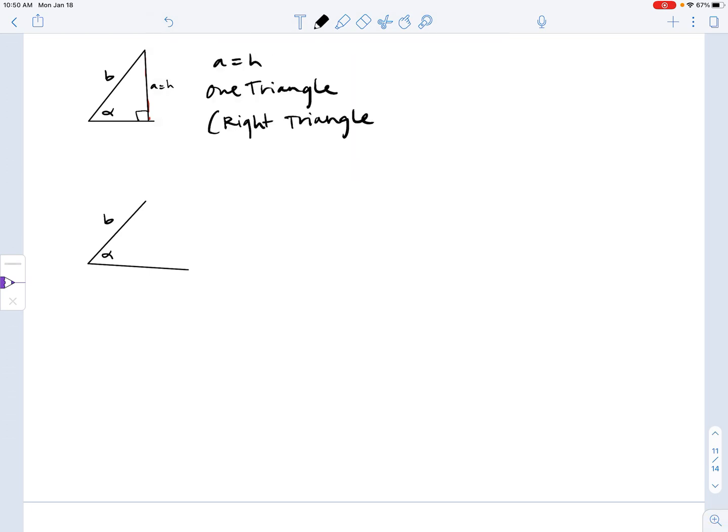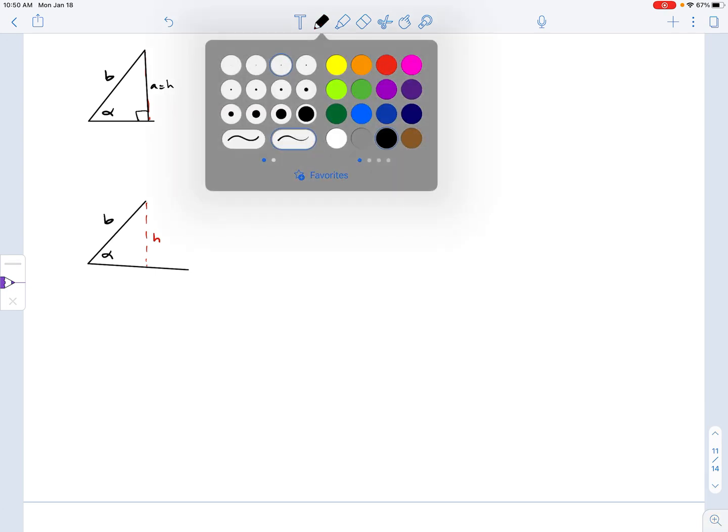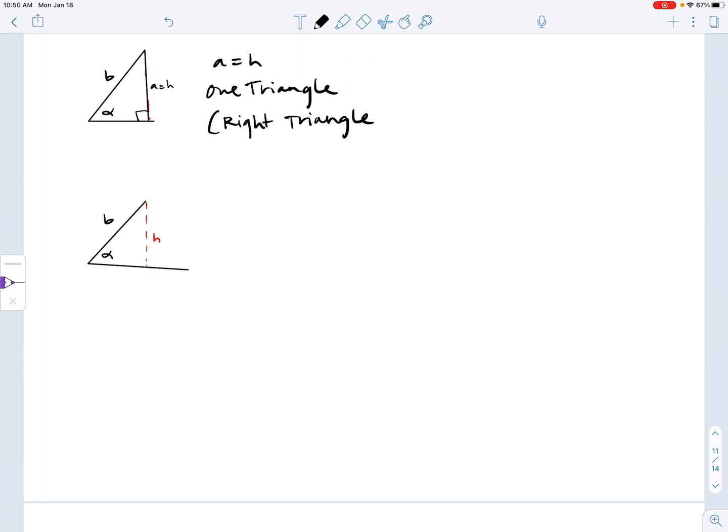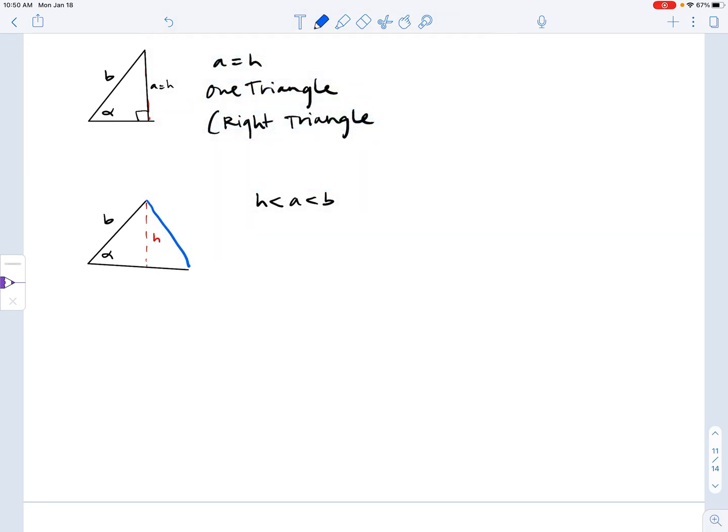So we would have alpha, this would be side B, and this would be the height. So if side A were shorter than side B, but greater than the height, then there could be two triangles.